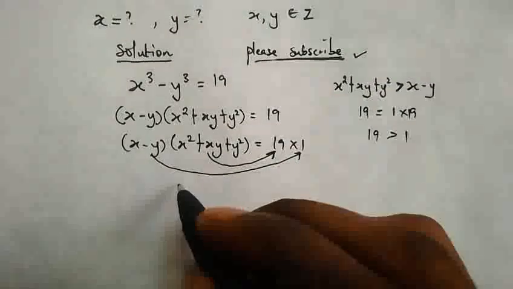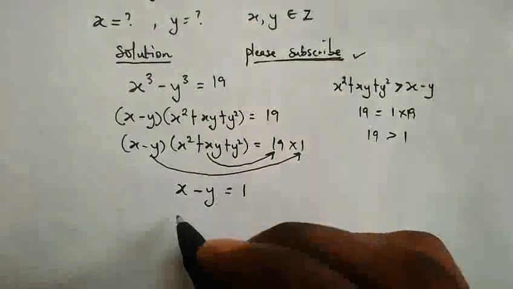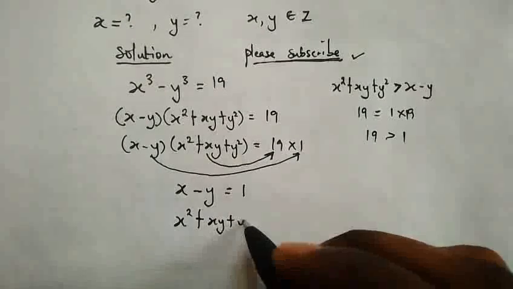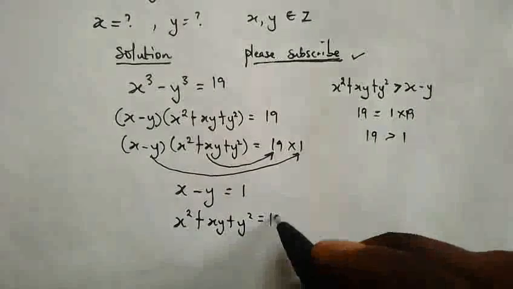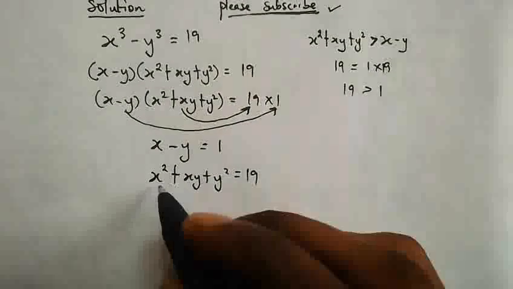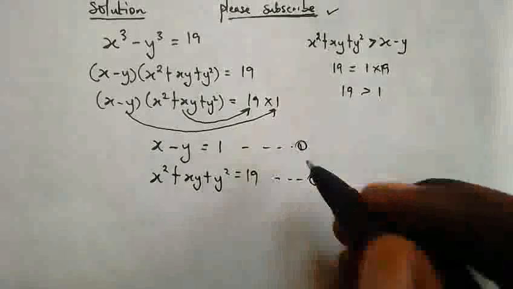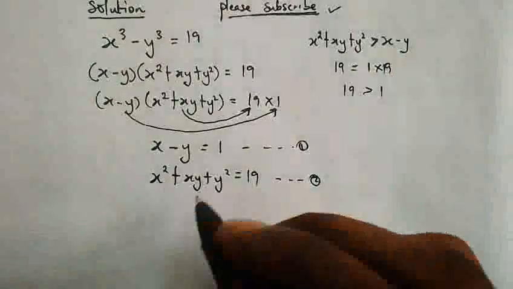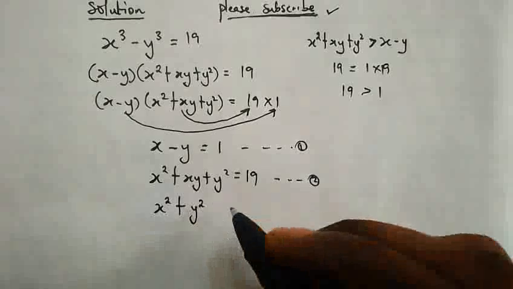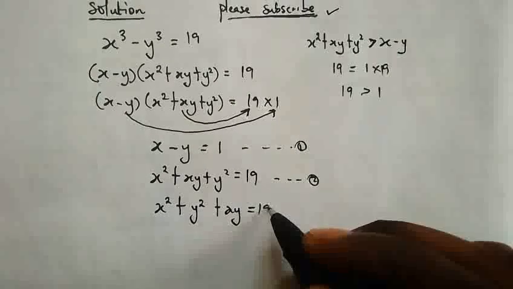So here we have x minus y is equal to 1, and also we get x squared plus xy plus y squared is equal to 19. Let us call this equation 2 and this equation 1. So we're going to write it as follows: x squared plus y squared then plus xy is equal to 19.